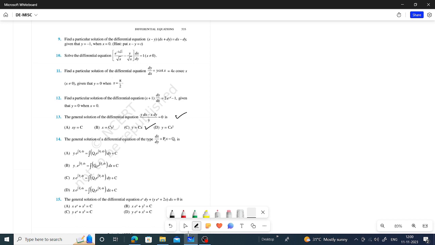So this is coming under variable separable form, but it is in the form dx by dy. The solution of dx by dy form is x into integrating factor is equal to integral q1 dy.